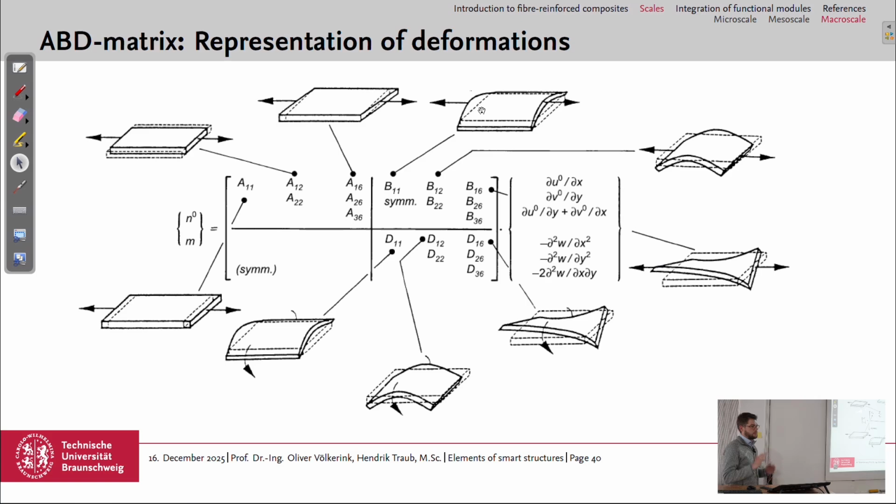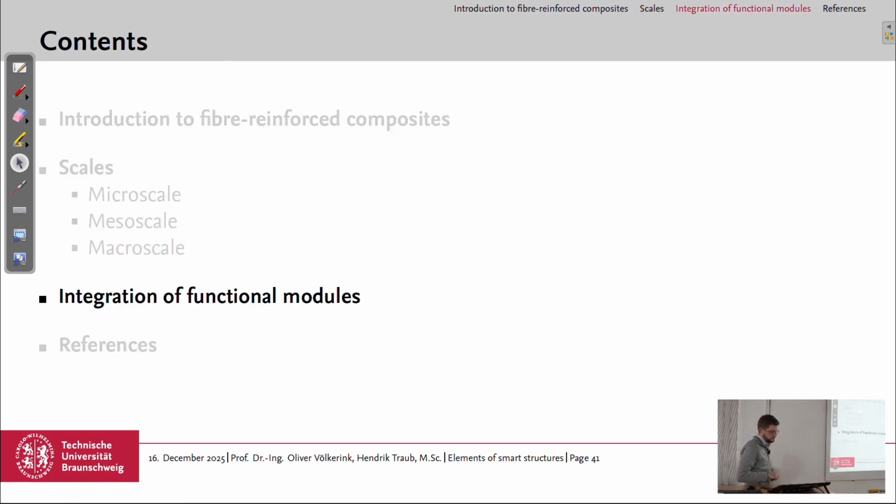So the combination of the actuators with an engineered ABD matrix could give us some interesting overall structures from the actuation behavior. So this was really a rather brief introduction to fiber reinforced composites without many equations, but I hope you get a glimpse of fiber reinforced composites. And now we have a look at the integration of functional modules in these structures.